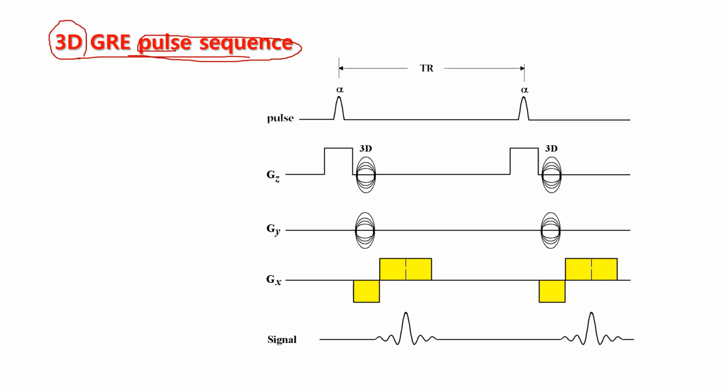For the 3D sequence, the slice selection gradient for the 3D image is included here. Others are the same, but the slice selection gradient series should be included here.